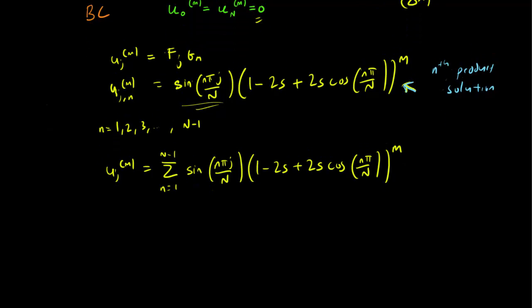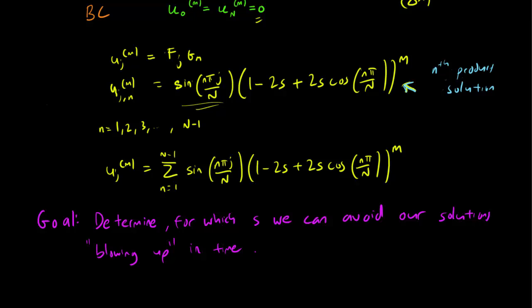So remember, our goal in the beginning of this section is to avoid this phenomenon called instability. Sometimes when we use partial difference equations to approximate differential equations, our solution can blow up if our s is too big. And our goal here is to determine how big our s has to be, how small our s has to be. So let's look at our product solutions.